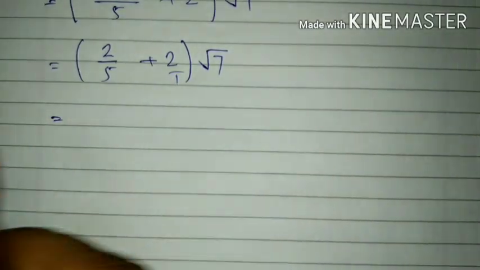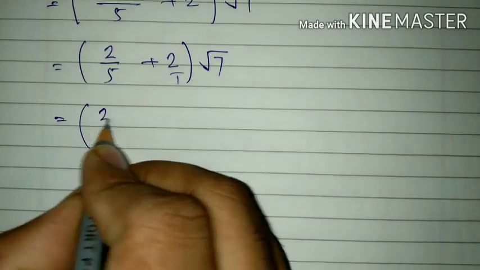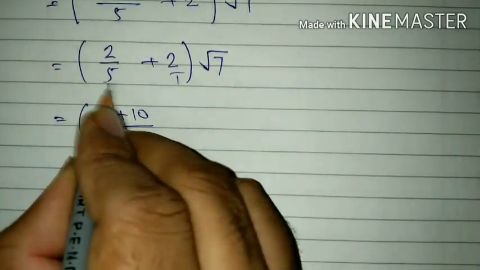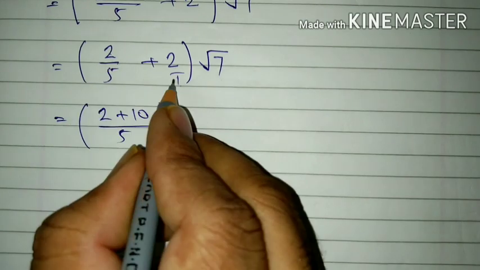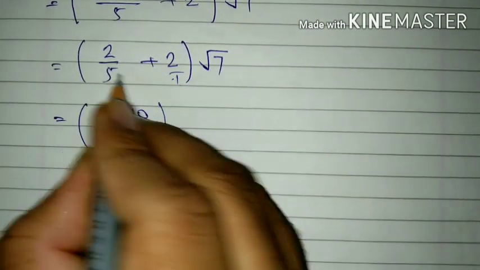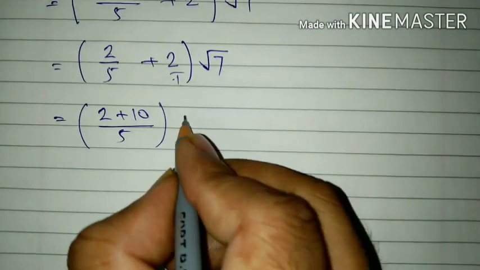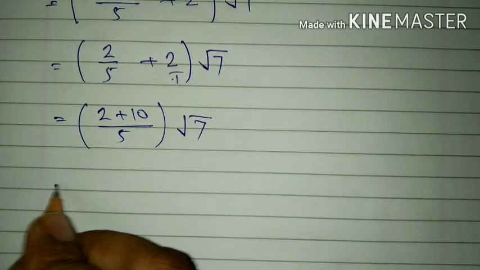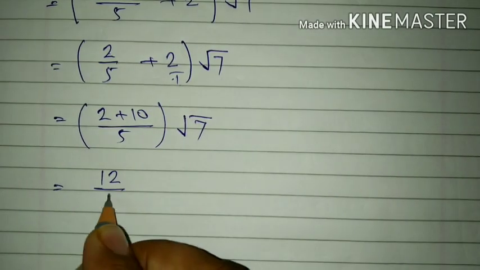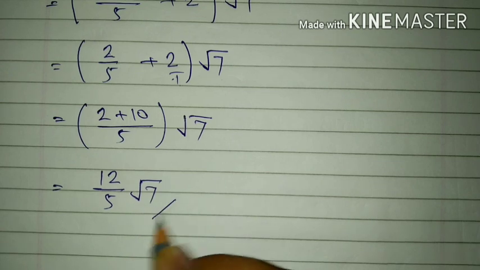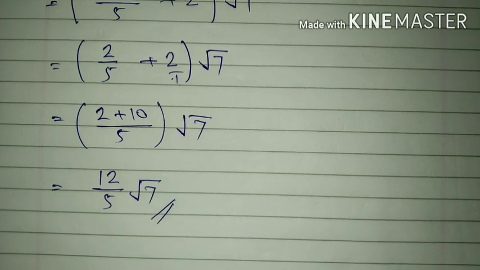Let us add these two terms upon 1. This one is 2 plus 10 upon 5, 2 ones are 2, 2 5s are 10, upon 5 root 7 is equal to 12 upon 5 root 7. This is our final answer.